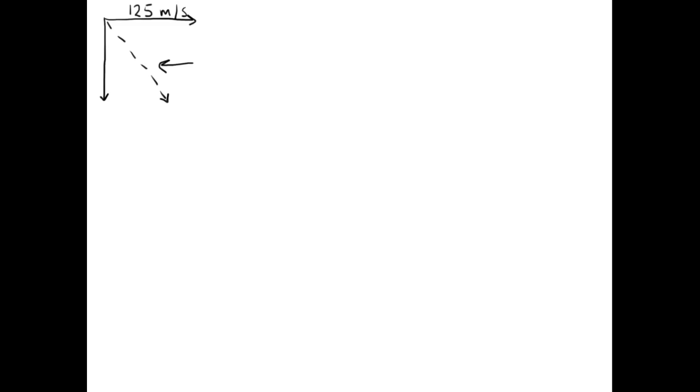So I want this velocity right here, this resultant vector between the 125, because my velocity in the x is always constant. It started at 125, it ends at 125. So I need to figure out what's going on with this piece of velocity right here. So I need my final velocity in the y direction. What do we know? Well, I know that it's been falling for 45 meters. That was my initial height. And I know that gravity is still working on it. So I can use the formula Vf squared equals Vi squared plus 2a delta y.